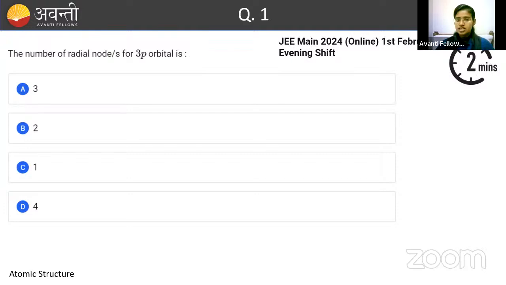Great, option C is the correct answer. But what is the formula? Others also can try. If you know, put it in the chat box. You have given me the correct answer for this question, no?